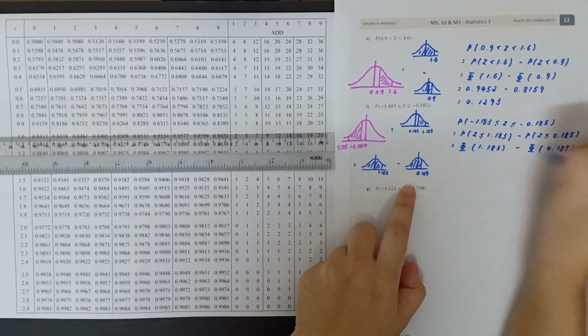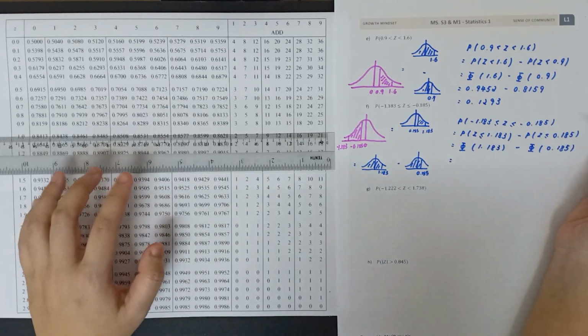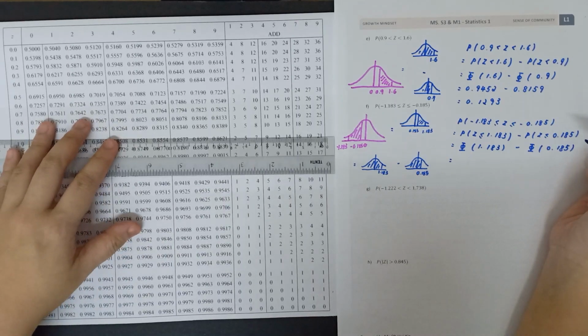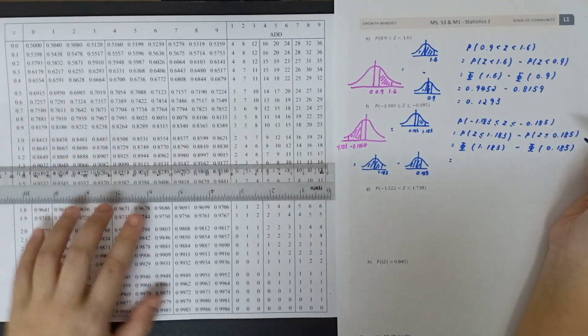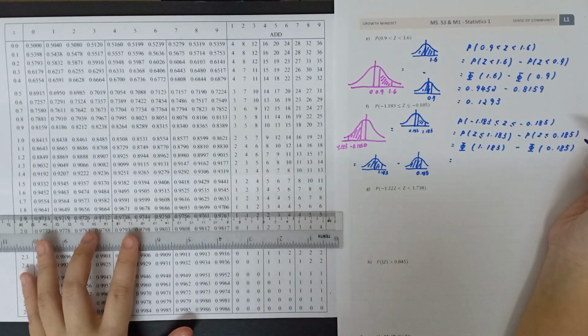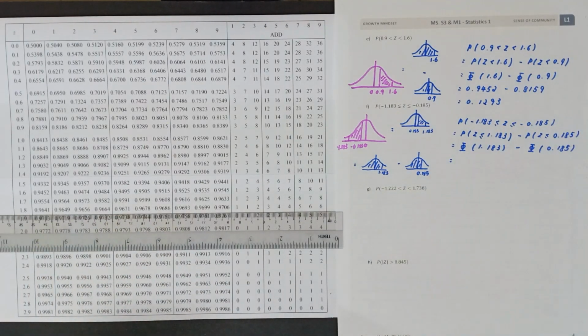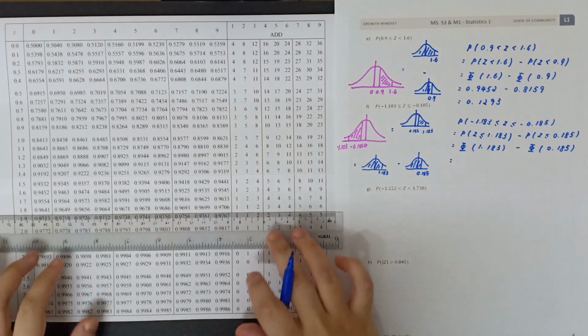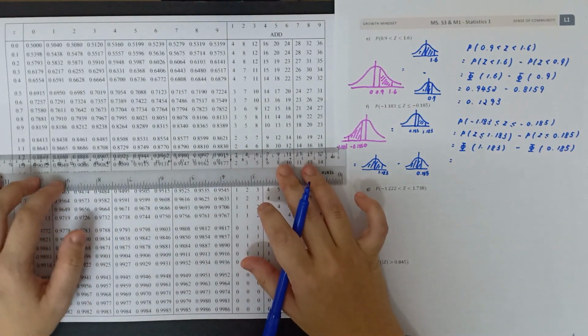Now you can try to read from your table. So 1.183. Actually after you get the idea of how to use the table, if you just want to add it in your calculator and write your answer, it's totally fine also. What I usually do is 1.1, then 8.